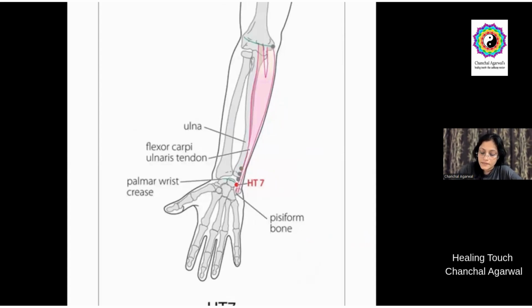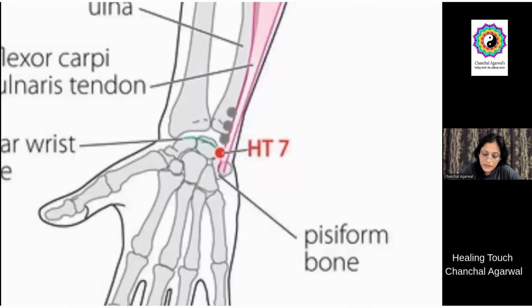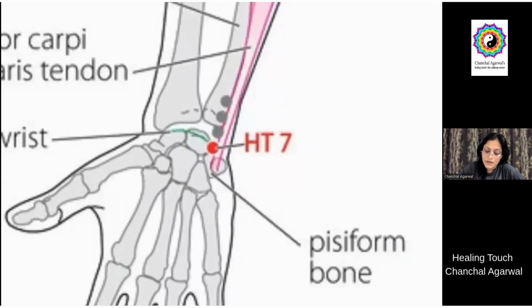H7. Where is H7? If we are plotting H7, first locate the wrist crease. After finding out the wrist crease, find out where is the strong tendon.